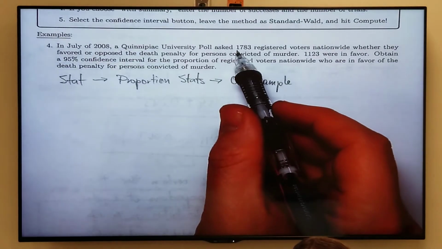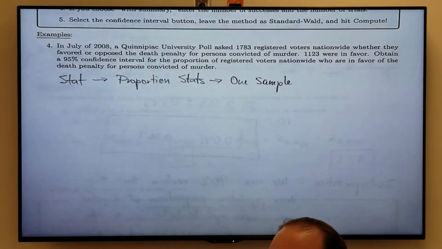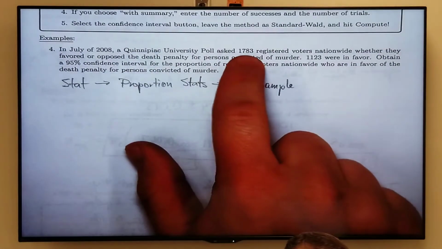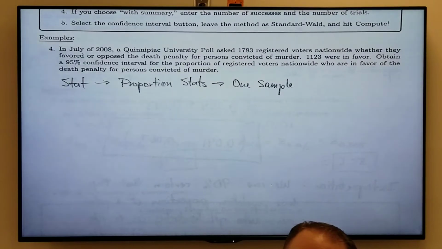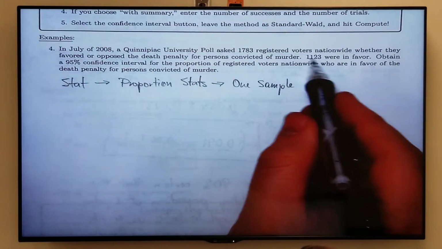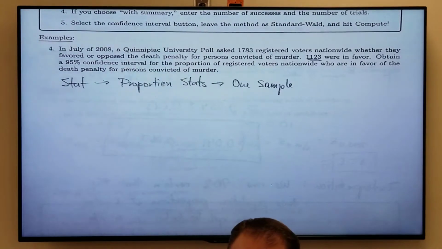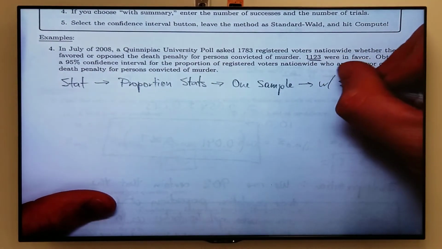They went out and asked 1,783 voters if they were in favor of the death penalty, so it would have been a list of 1,783 responses. Yes, no, yes, no, yes, yes, yes, no, no, no, yes, no, yes. It would have been a whole list of that. We don't have that. Thankfully, somebody already counted up the number of people who said yes. So we're not going to say with data. We're going to say with summary.